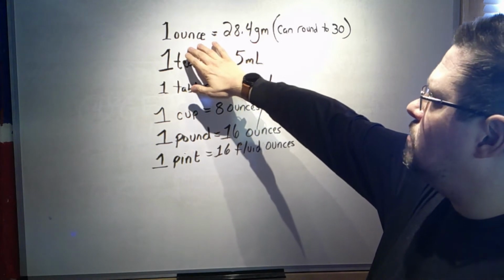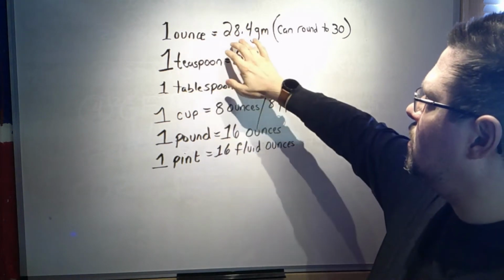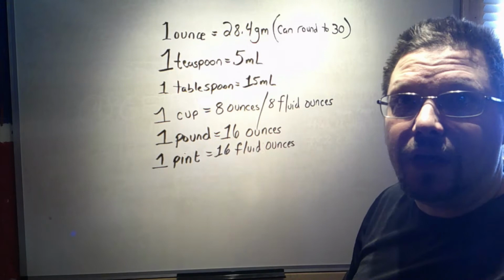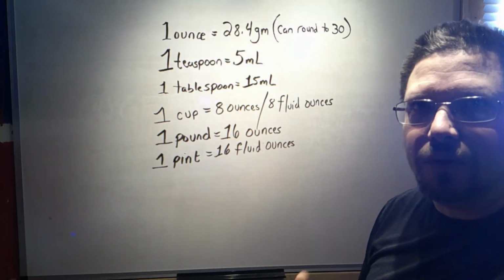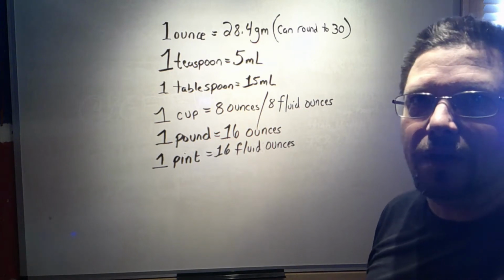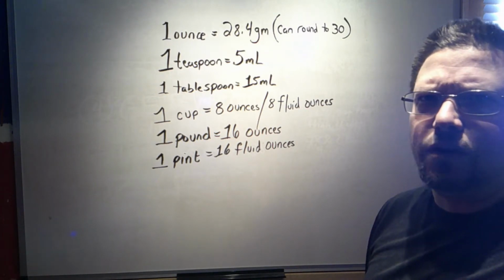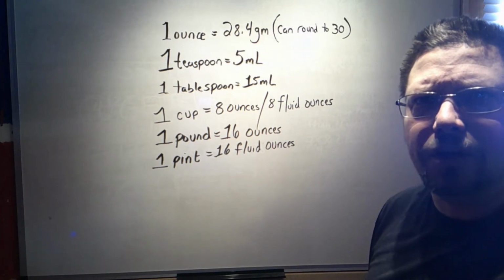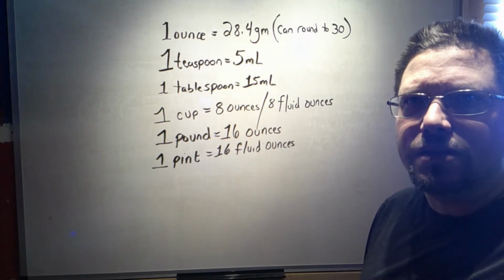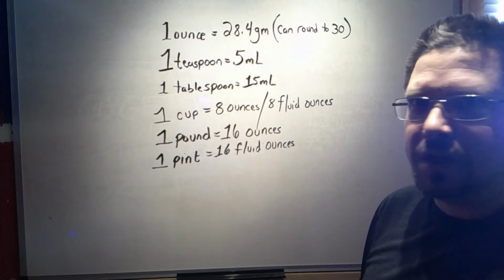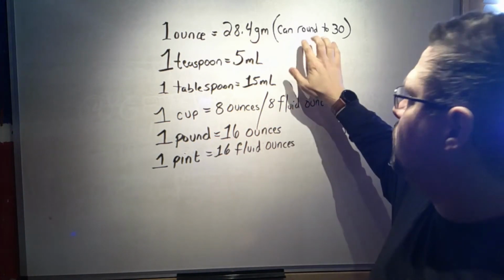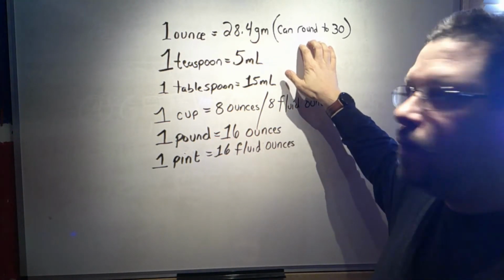As a general refresher, 1 ounce is technically 28.4 grams. A lot of times we round that off to 30. You'll sometimes see a package of hydrocortisone ointment or cream in your pharmacy, and it says this tube contains 1 ounce and it's 30 grams. We do frequently round this to 30.